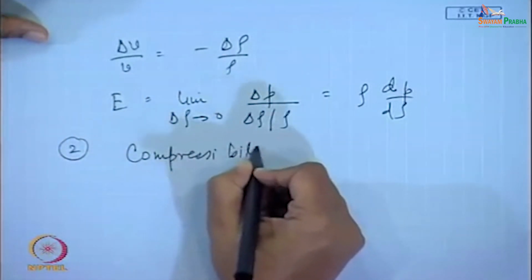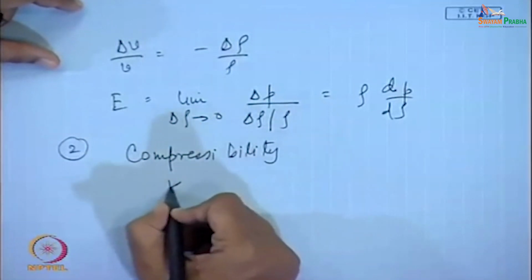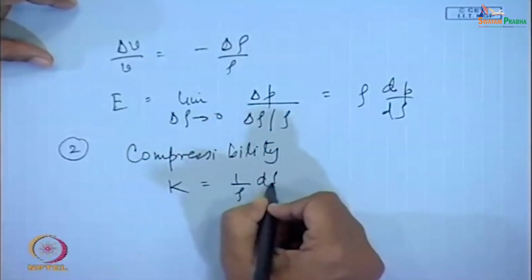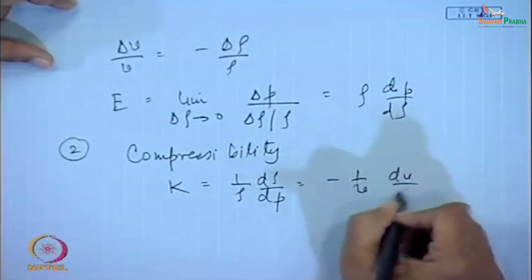We prefer to define it in terms of compressibility, kappa. With this compressibility, it is nothing but 1 by rho d rho dP, or rather minus 1 by V dV dP.